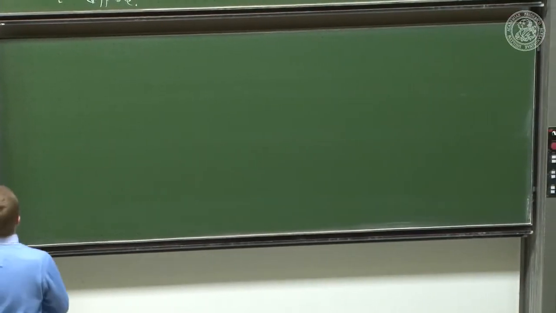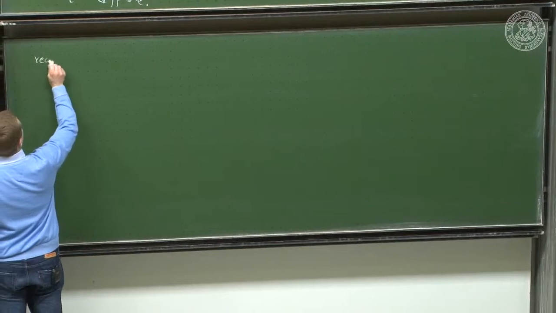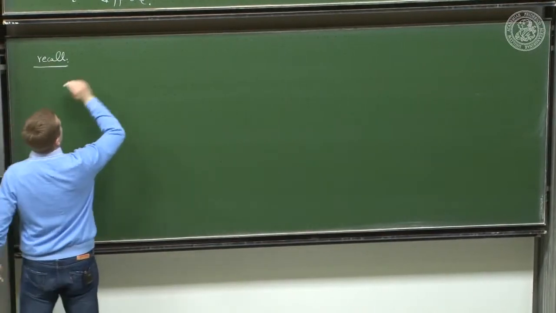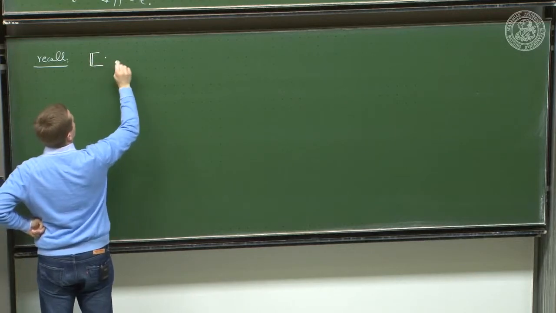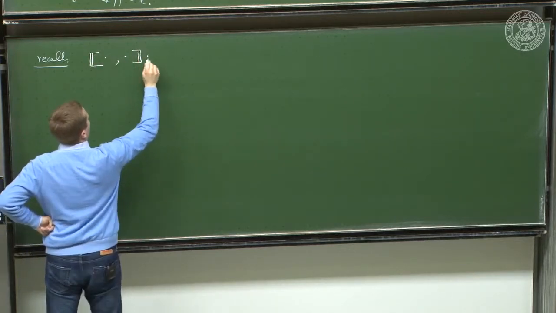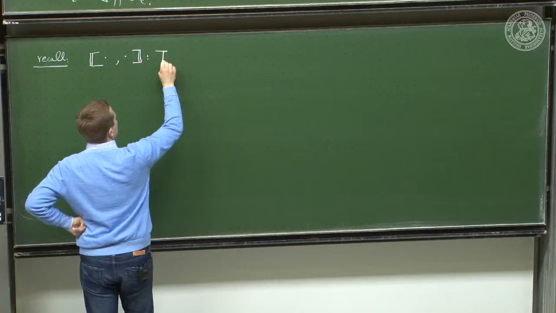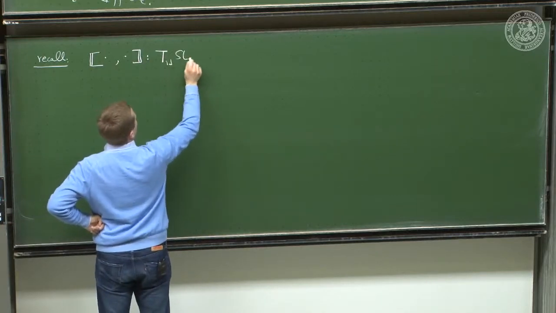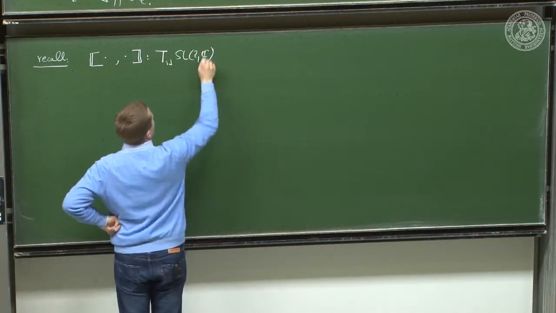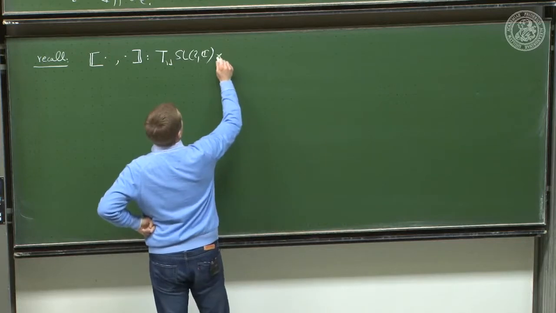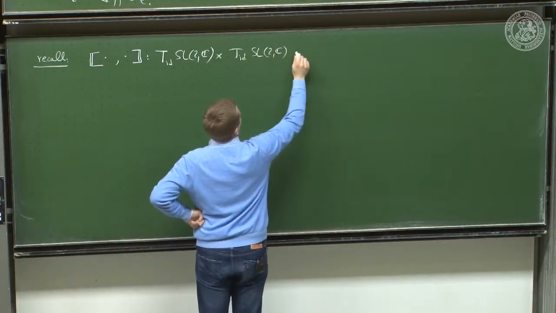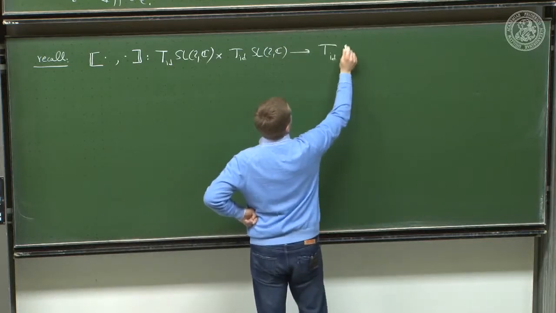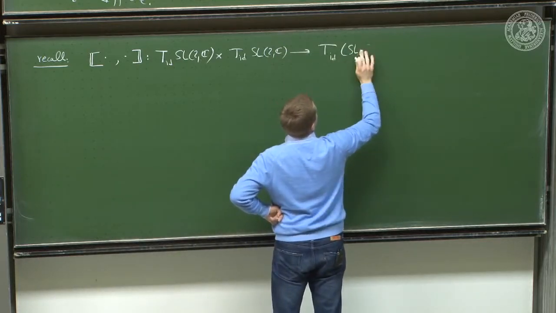So also recall that we defined a bracket, written like this, on T_id SL2C, at least here we do this: T_id SL2C cross T_id SL2C into T_id SL2C.